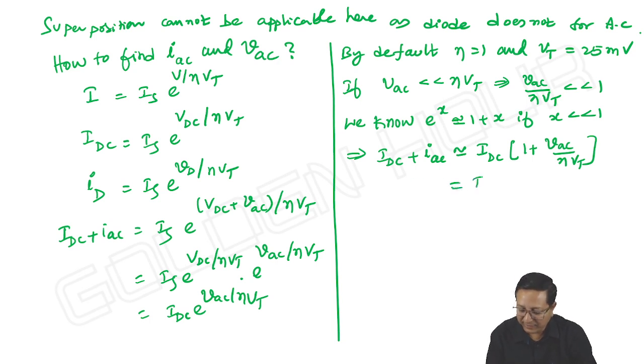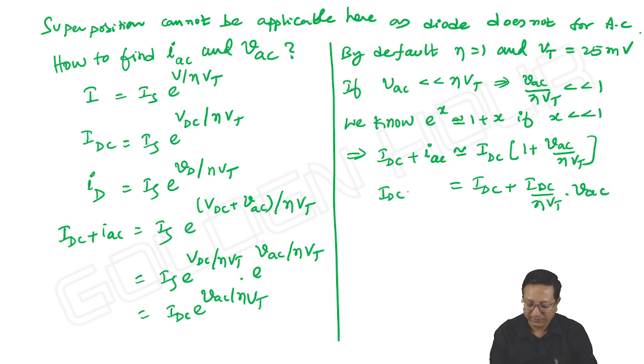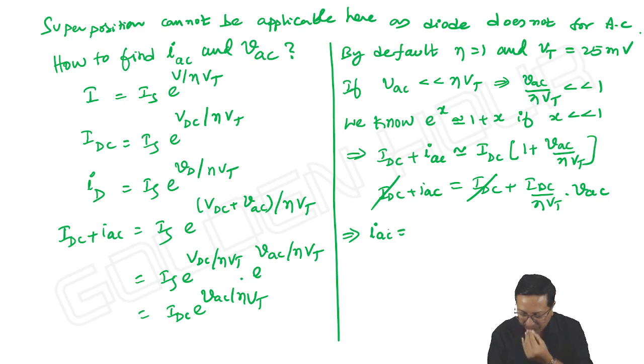Then it is further written like IDC plus IDC by eta Vt into VAC. I can cancel IDC and IDC, which implies IAC is equal to IDC by eta Vt multiplied with VAC.